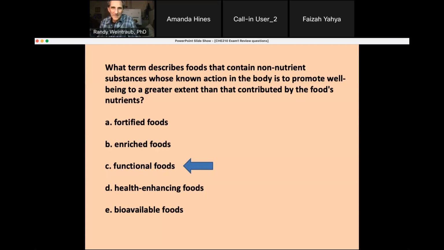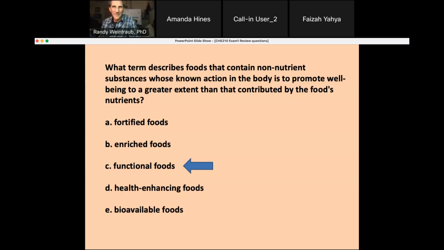are addition of a specific nutrient, like vitamin C or vitamin D, that either was destroyed in the preparation of the food, or it's added to the food that it wasn't there before.